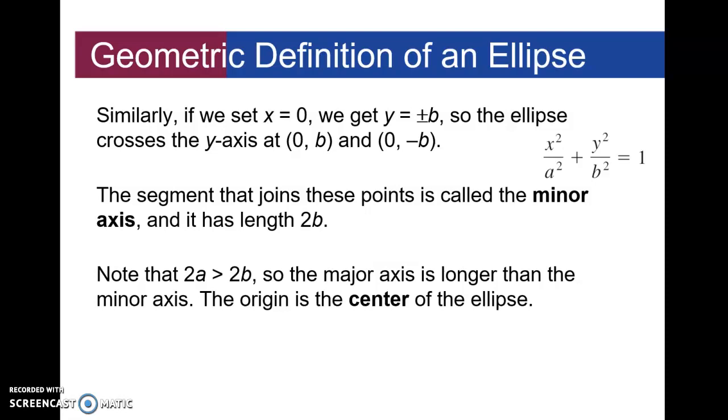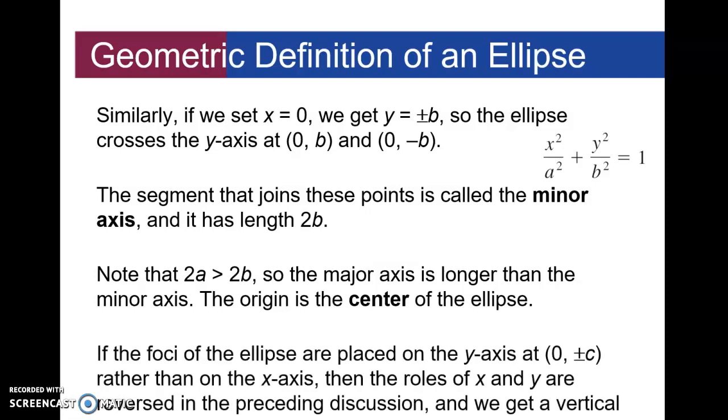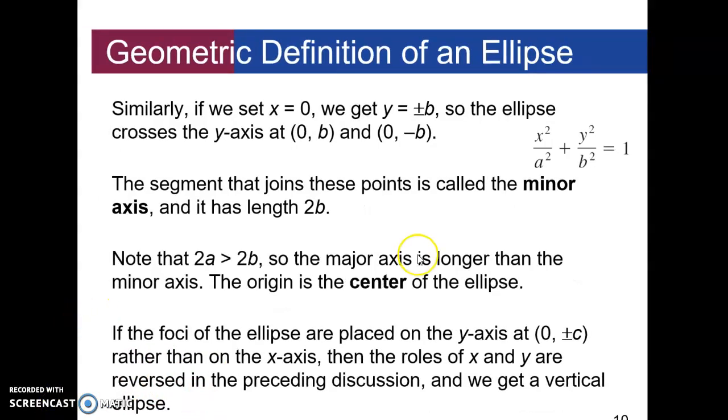And your minor axis, or the shorter distance, is from (0, b) to (0, -b), or 2b. Okay? So if the foci are placed on the y-axis at (0, c) and (0, -c), then the a squared and b squared will flip-flop, and therefore their roles are going to switch.